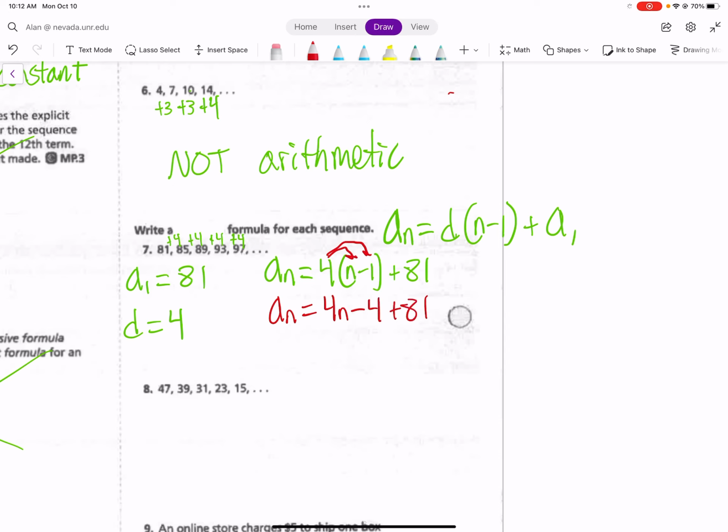Now we can combine like terms. -4 plus 81. We can combine those two things because they're both constants. So -4 plus 81 gives us 77. You can use a calculator there if you need to. So we're left with 4n plus 77. That is the formula that represents that sequence. And all it asked us was to write the formula. It did not ask us to find a specific term in that sequence.